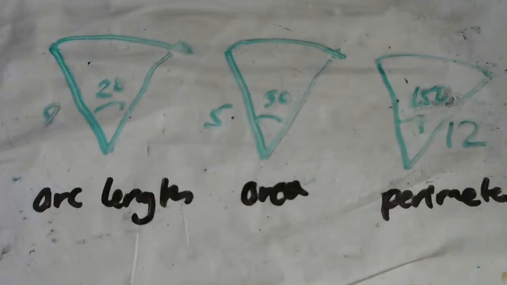So first claim, we're just watching these ones. So arc length, area, and perimeter on those 3 sectors. They're not triangles, they're sectors.